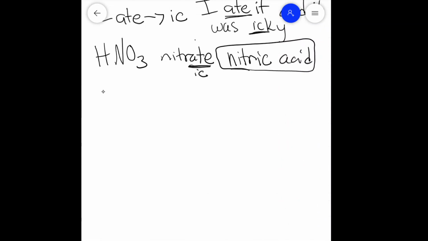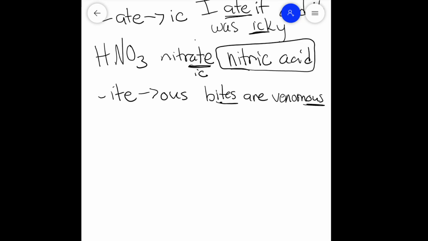If you have ite polyatomic ions, they're going to become ous. So ite becomes ous. You don't need to write it out, you can just say it in your head.